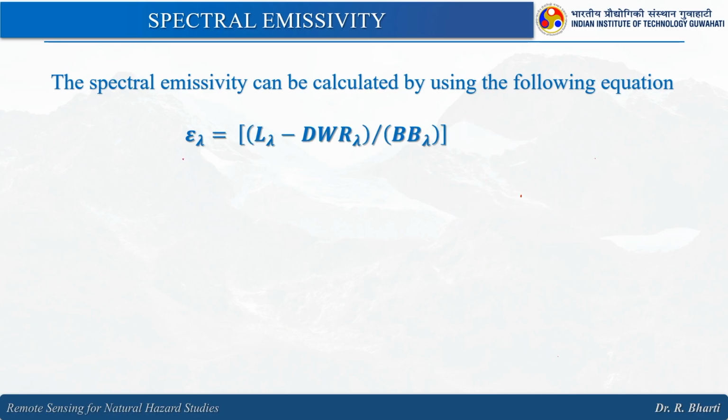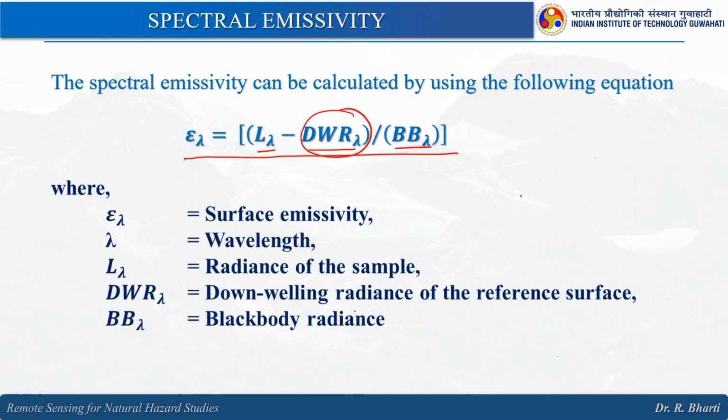Now, you can see the spectral emissivity: L lambda minus dWr lambda divided by black body radiance. This dWr is basically the reflection. So, this is surface emissivity, lambda is the wavelength, L lambda is the radiance of the sample, dWr is the downwelling radiance of the reference surface, and this is black body radiation.